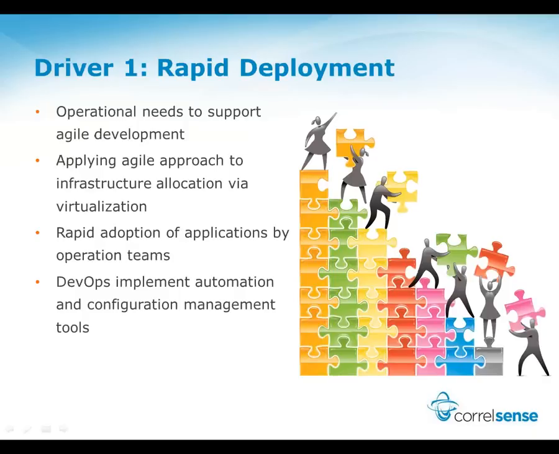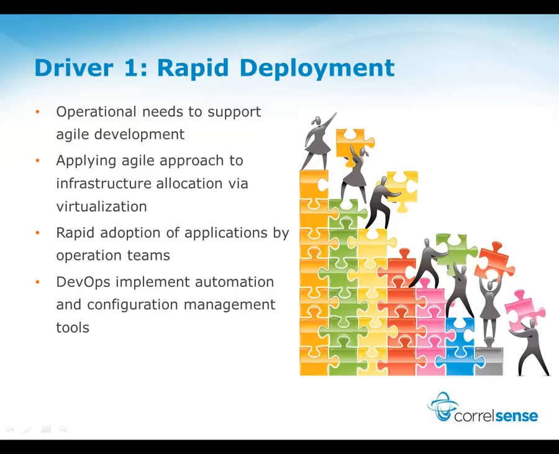So I want to say a few words about the drivers that make DevOps so popular and push this discipline toward an acknowledgement by the industry. Rapid deployment is probably one of the key drivers for DevOps, and it is a direct product of agile development.